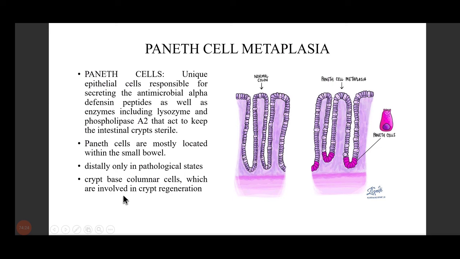Crypt-based columnar cells are involved in crypt regeneration. So these are Paneth cells, which are normally seen in the small bowel but can be seen in the large bowel in cases of any pathological condition. They have antimicrobial properties.